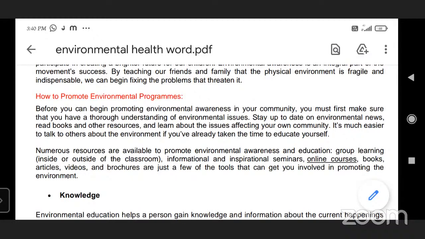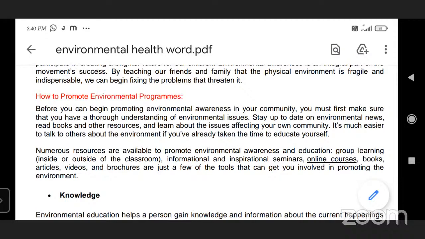A group learning inside or outside of the classroom, informational and inspirational seminars, online courses, books, articles, videos, and brochures are just a few of the tools or teaching aids that can get you involved in promoting the environment.